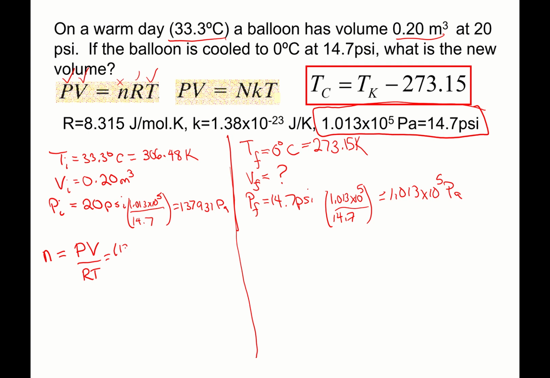So 137931 times 0.2 over R, 8.315 times T, 306.48, and I get my n is 10.83 moles.